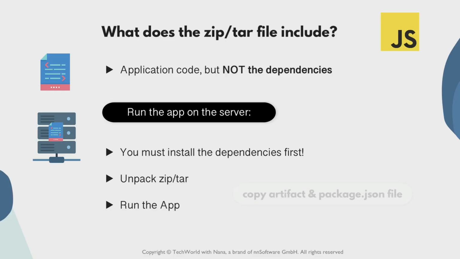So you need to copy the artifact itself and package.json to the server in order to run the application. So this will be two pieces or two files that you need on that server. So actually, when packaging your artifact, you can decide to include the package.json also in the artifact to have them both in one file instead of working with two separate files.